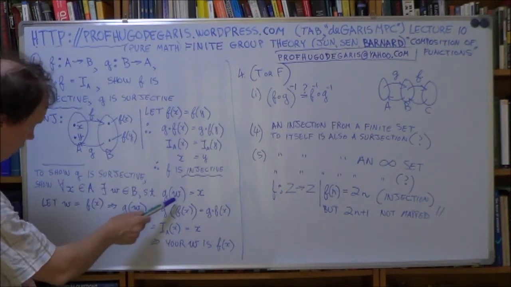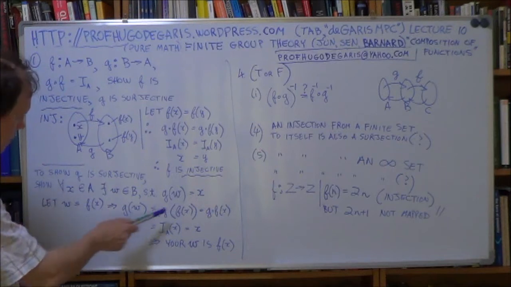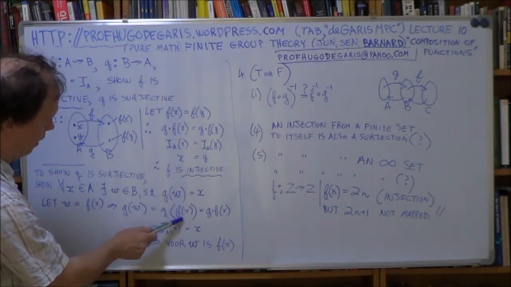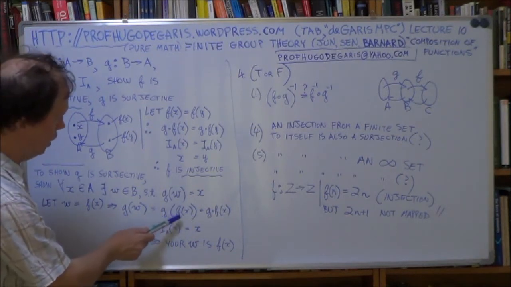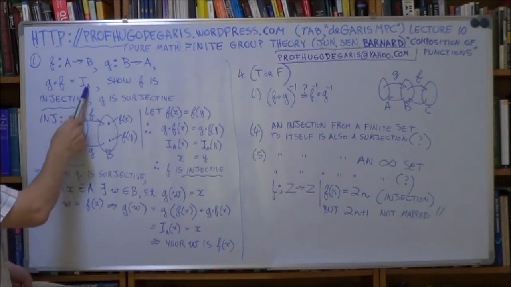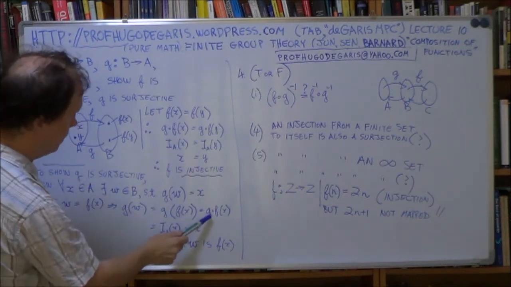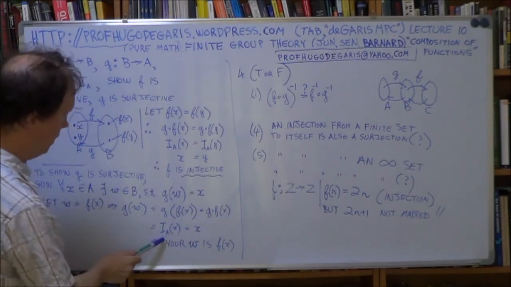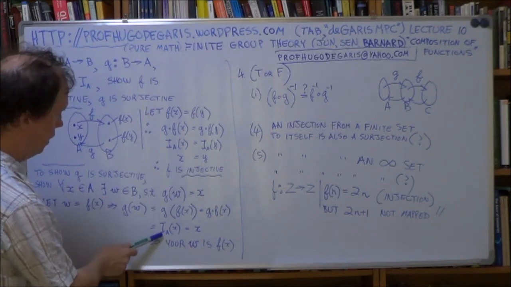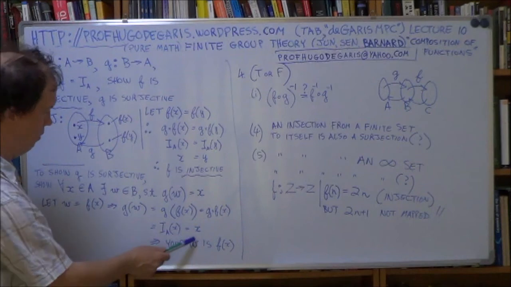Well, if you substitute W by f of X, so instead of W, now put f of X here, you then get GF of X. The GF is the identity in set A, right? So we get GF of X. Well, that's the identity function of X, which is just X. Great. Okay, we found it, right?